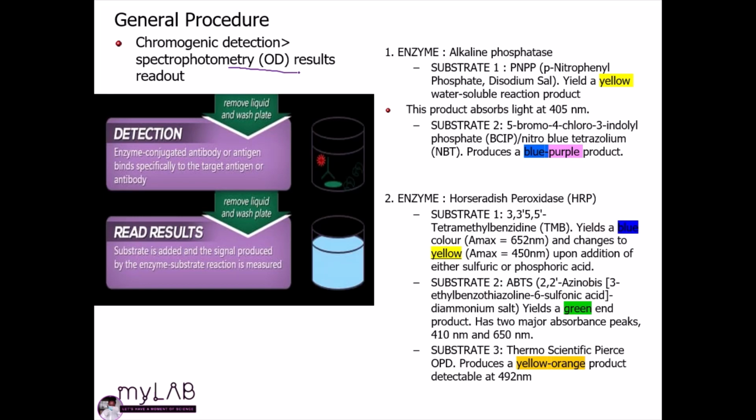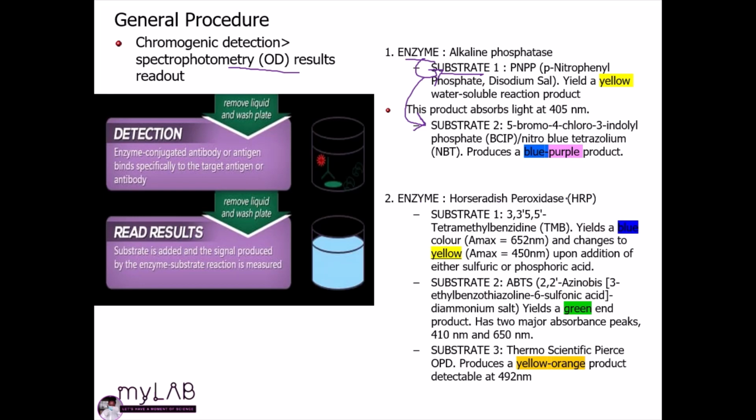the ODs using spectrophotometry. So for chromogenic detection, we utilize enzyme conjugation, and these enzymes will catalyze substrates. For alkaline phosphatase, the substrate it will catalyze is, for example, PNPP or BCIP-NBT.